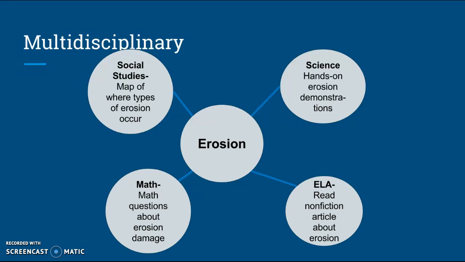And actually on the Teach Engineering website, it comes with a math worksheet with a bunch of word problems, like 2 pages worth of word problems, where students are figuring out the cost of damage that erosion has caused, or the area that erosion has affected. So different real-life application math problems related to erosion. So this is very easily implemented in all subject areas.